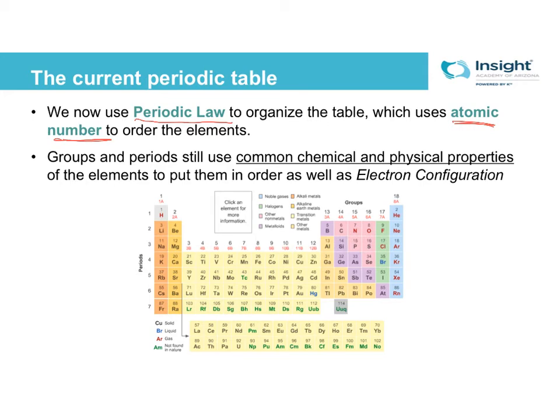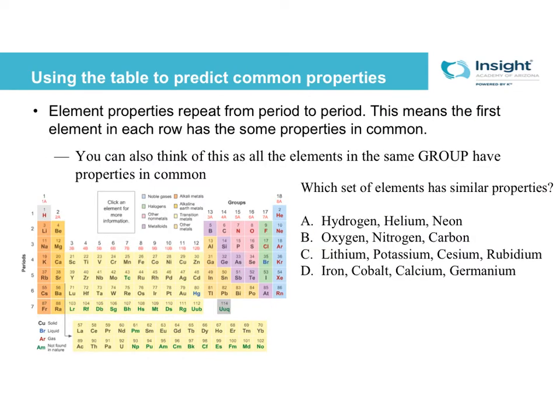Our groups and periods are still organized by common physical and chemical properties, but the true organization, and how these things differ slightly from Mendeleev's table, is because we also use electron configuration. That's that whole 1s2, 2s2, 2p6 sort of thing, and we'll get into some more detail.